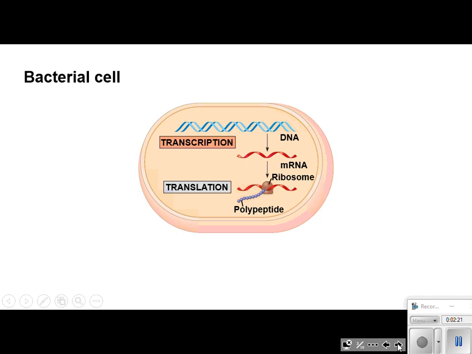See where that says polypeptide and all those little purple spheres are mixed together? That is the protein that is being built. Where is the protein built? The ribosome. If you remember way back when we talked about the cell, we said that the ribosomes were where protein synthesis occurs.